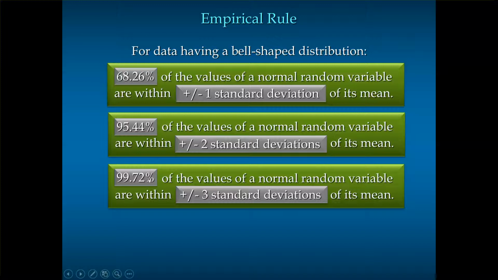Look at the last one. 99.72% of the values should be within 3 standard deviations of its mean. If we are looking at the standard normal distribution, where you should know the mean equals 0 and the standard deviation equals 1, we only have 0.28% of the observations outside of 3 standard deviations of the mean.